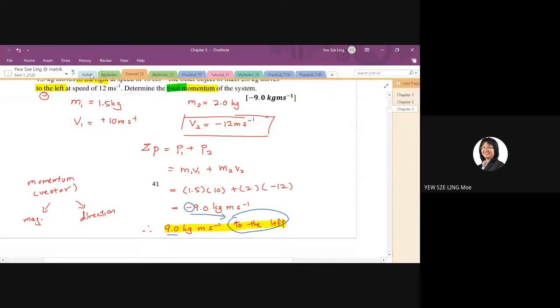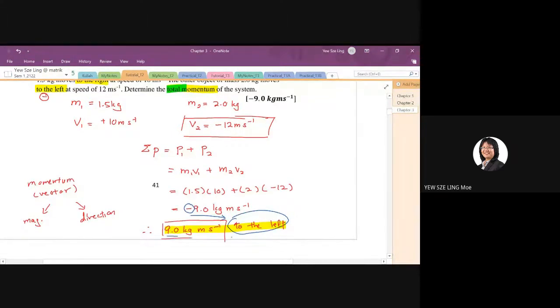Negative values can cause a lot of argument, and if the question is asking for magnitude, you're going to get 0 marks, because magnitude must be a positive value. It must be 9 kg m s^-1.